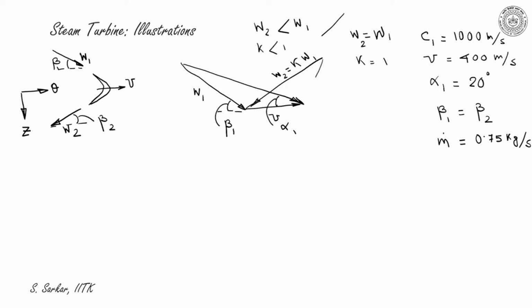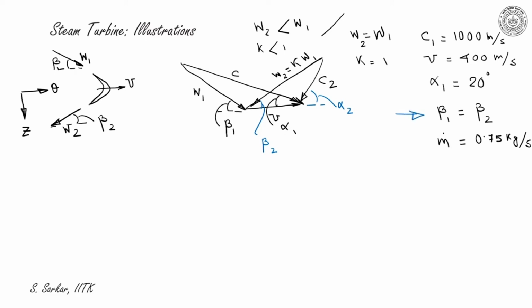So this is my C2. So let me take another color. This angle is beta 2 and this angle being alpha 2. Please note that beta 2 and beta 1 are equal, as I have told here.